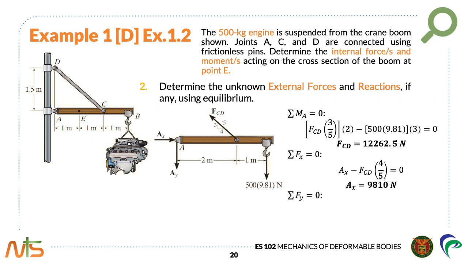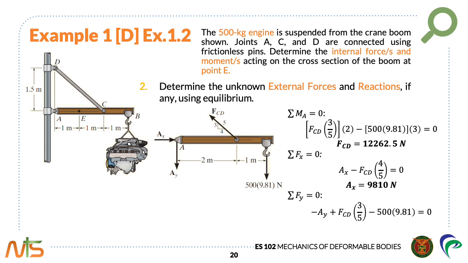Next is summing forces about the y-axis. So we have AY, that is negative because it's going down. And then we have the vertical component of FCD, that is FCD multiplied by 3/5. This term is positive since it is going up.